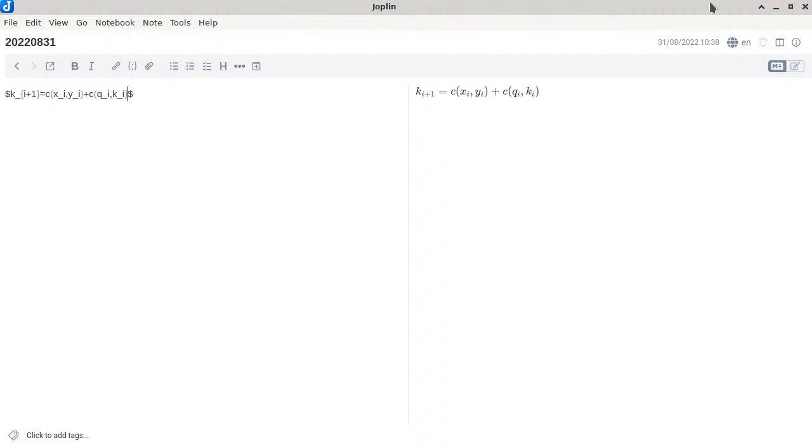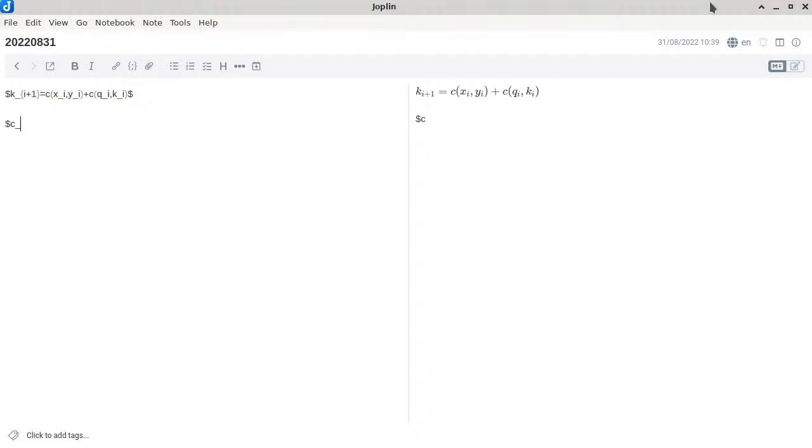So let me ask, do you have any questions about the use of the plus? Basically it says this carry here can be coming from x0 plus y0, and it can also be coming from q0 plus k0. Is that part okay? All right. So now the question is, what does it mean if C of xi, yi equals 1?